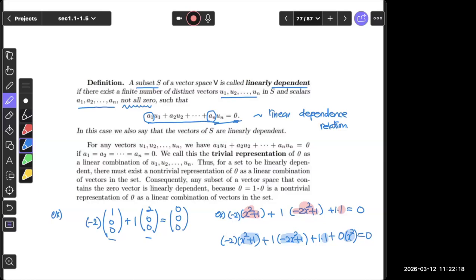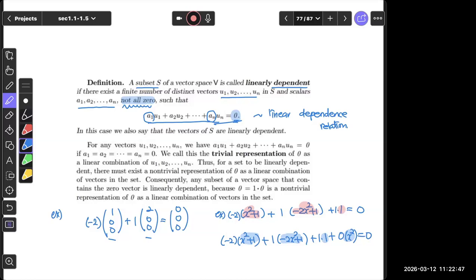Okay. So we say the vectors are linearly dependent if you can produce the zero vector with at least one non-zero coefficient, not all zero. That means some of them may be zero, but not all zero.